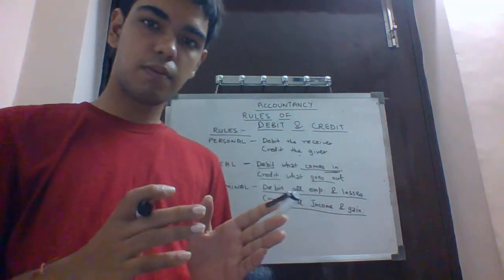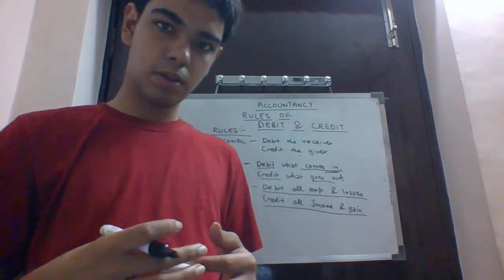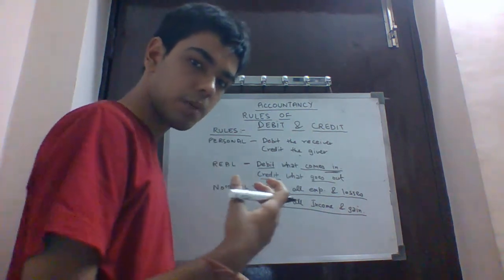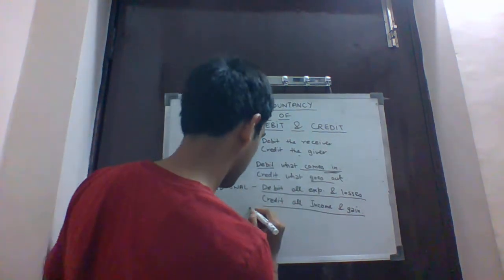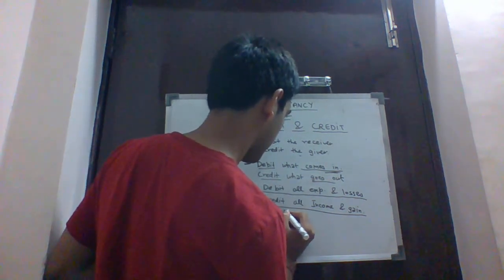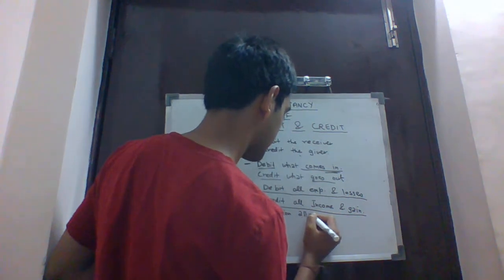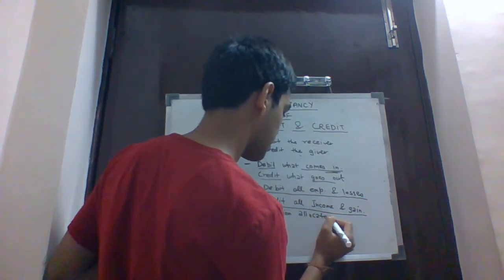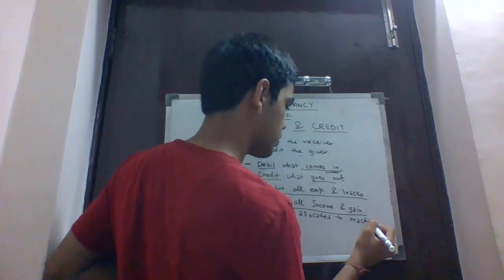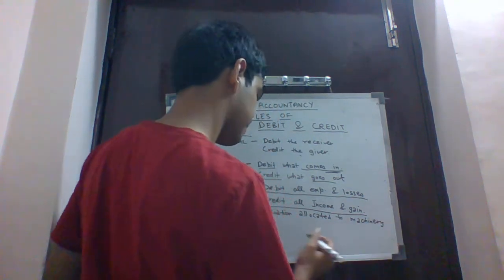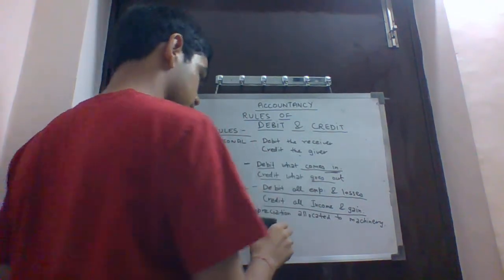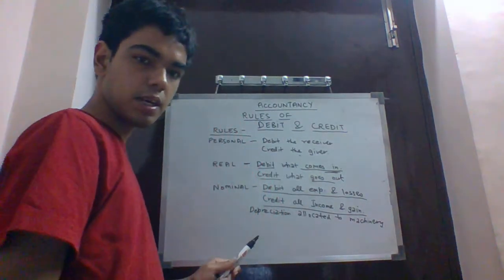For example, we take depreciation. So what should be the journal entry for depreciation applied to a machinery? Depreciation allocated to machinery. Depreciation allocated to machinery.